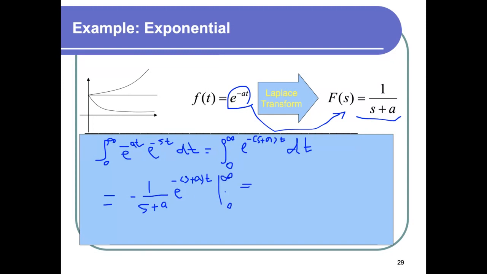Again, if I substitute infinity, I get 0. Then we have minus minus, it's plus. If I substitute 0, I get just 1 over s plus a. And that's the Laplace transform of the exponential. Any questions about this part?